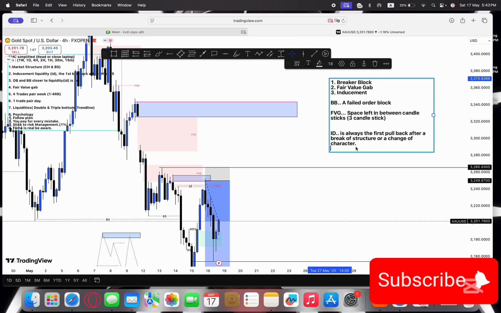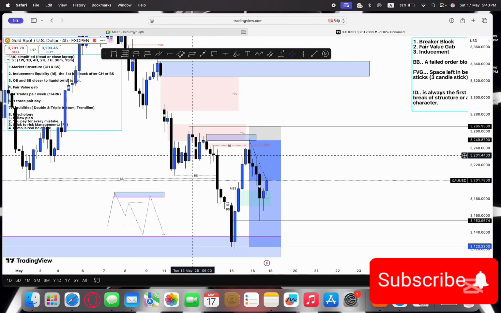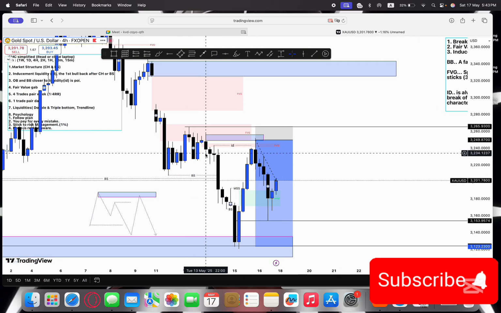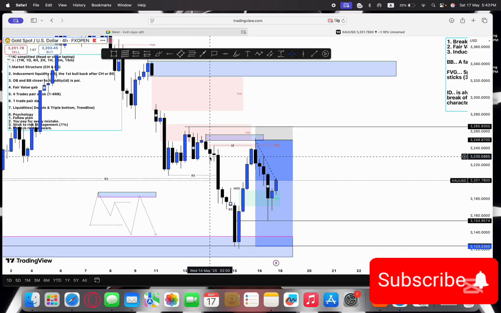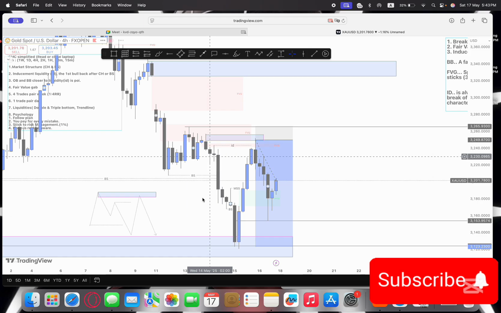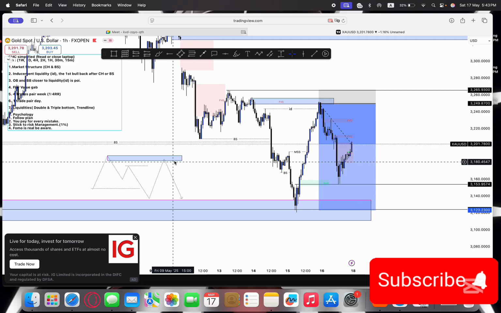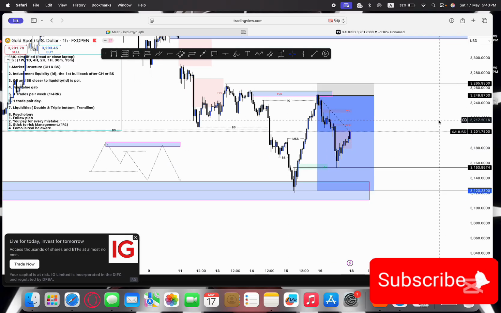We have forms of inducement: liquidity inducement and structural inducement, but the types are not really necessary.